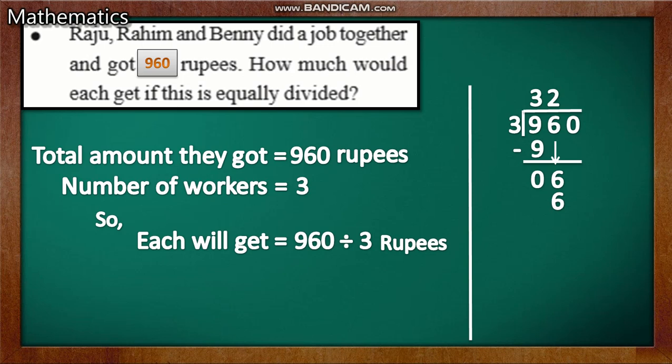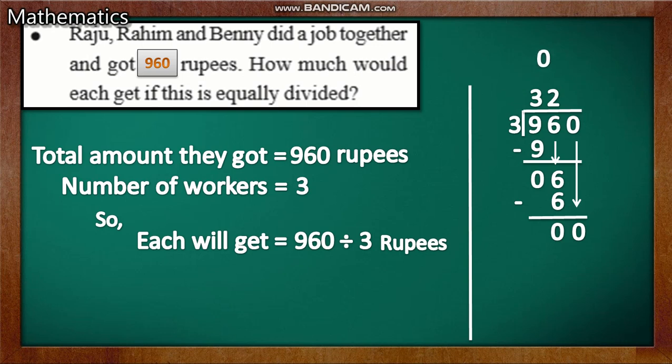Next step, draw a line. Ready? Watch it carefully. Next step, subtraction. 6 minus 6, 0. Next step, bring down that 0. Then how many 3's are there in 0?